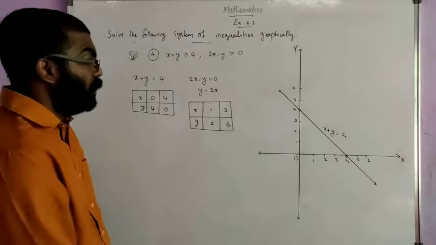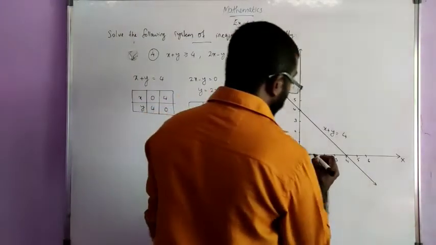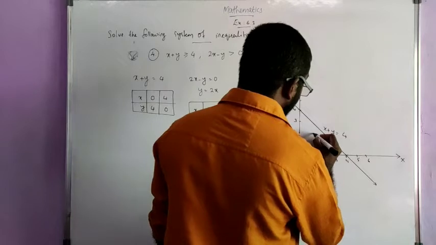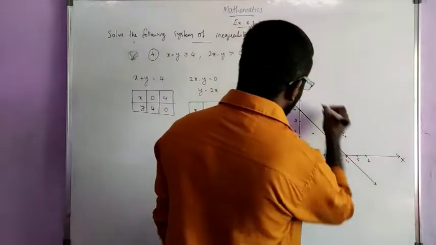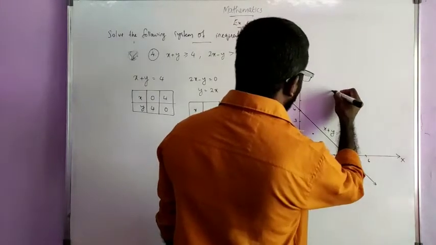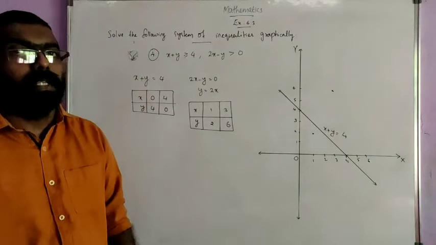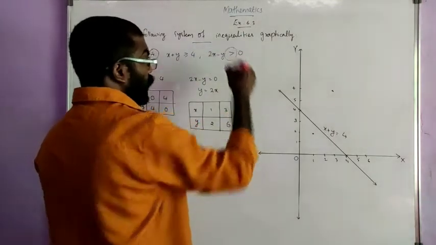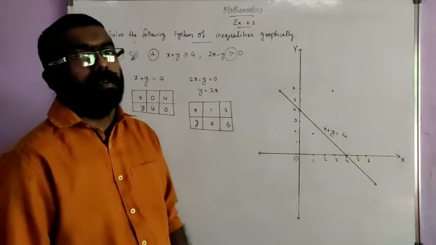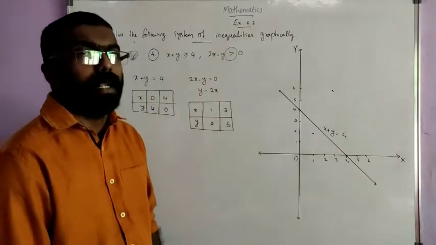And for the next one, 1, 2 and 3, 6. Here we can mark the point 1, 2, and 3, 6. Now we have to join these 2 points. But here the problem is, the inequality sign is greater than, so we have to use a dotted line or broken line.